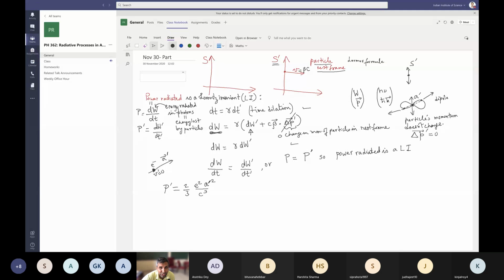So this transformation is done at that particular instant to a particular frame where the particle is at rest. You can be at rest, but your acceleration need not be zero. So give me an example of a case where something is at rest but it's accelerating. Any simple example? We are all familiar with a lot of such examples. Anyone?